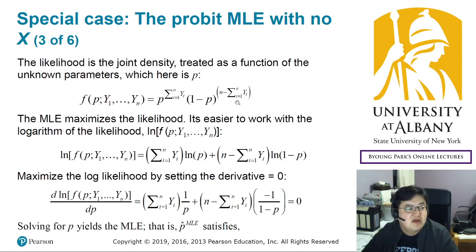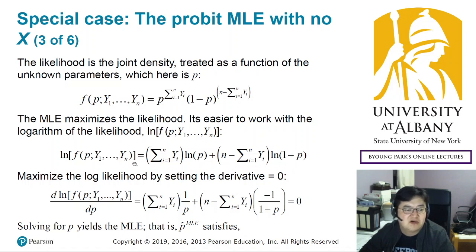This is the likelihood function after multiplication of n probabilities. But it is very difficult to handle, so we take the logarithm. If you take the logarithm, then it simplifies this way.